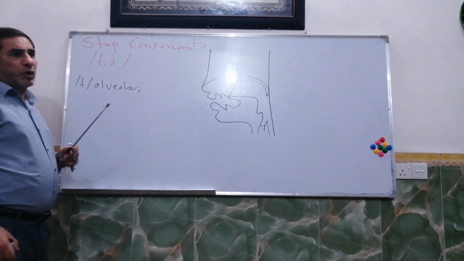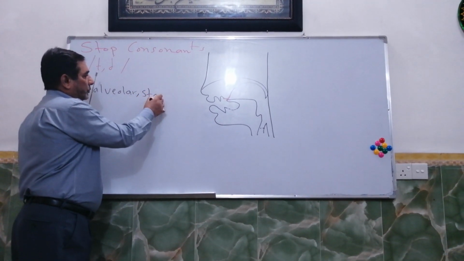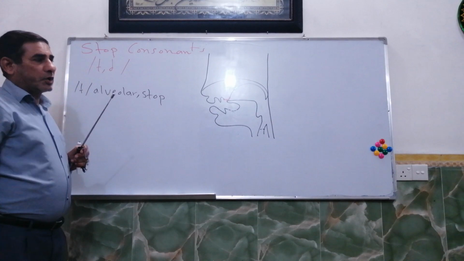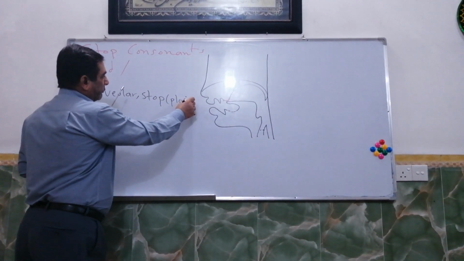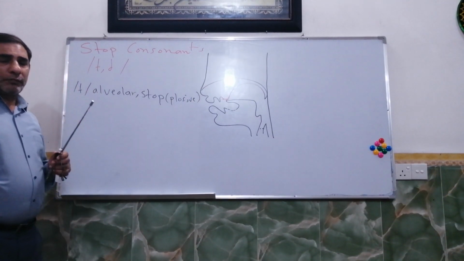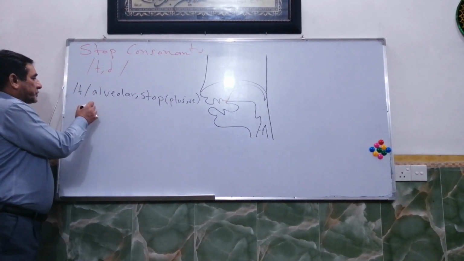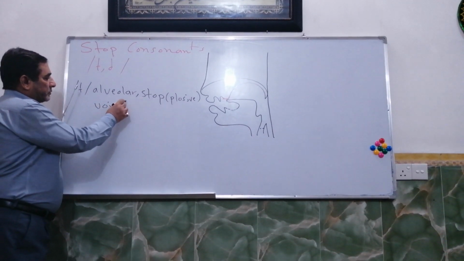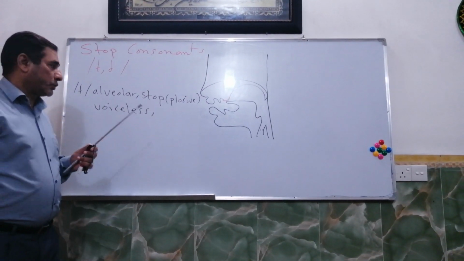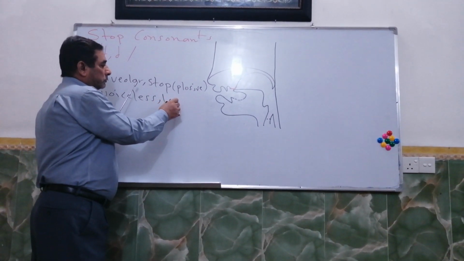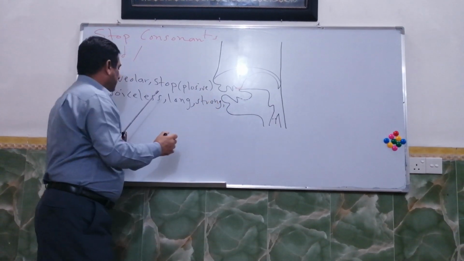From the point of view of manner of articulation, it is stop or plosive. Now, from the point of view of voicing, this sound is voiceless. Now, since it is voiceless, therefore it is long, strong, and fortis.